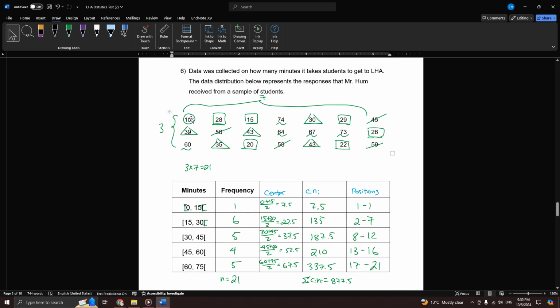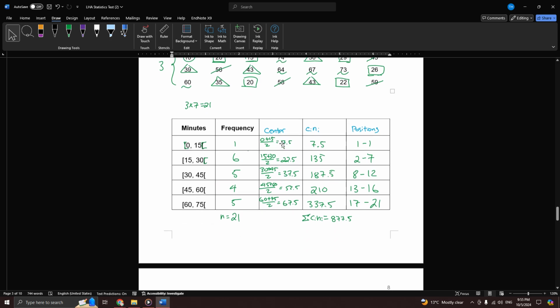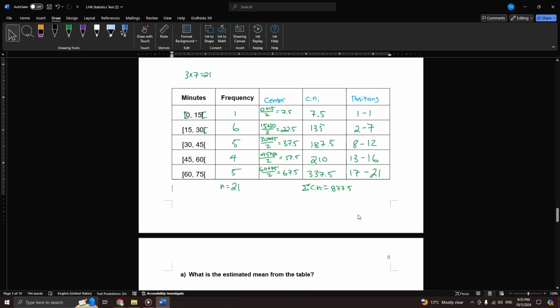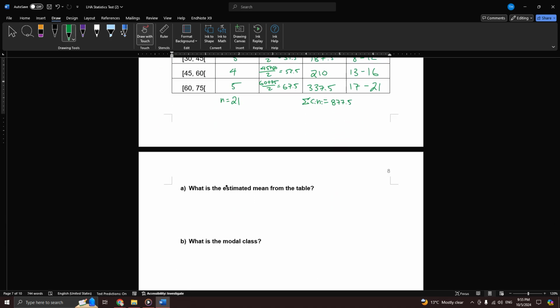So we're not asking you to add all these numbers up and divide by 21. We're asking you to estimate using the table. So 877.5 divided by 21, that's going to be my sum of CiNi over N, okay? And that's going to be 41.79. Okay.